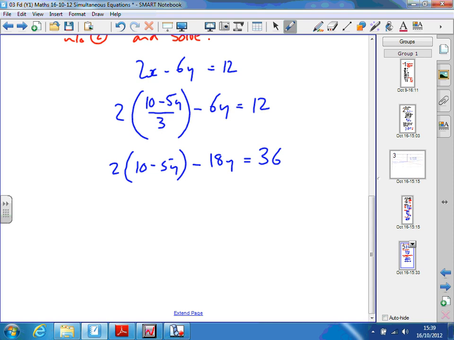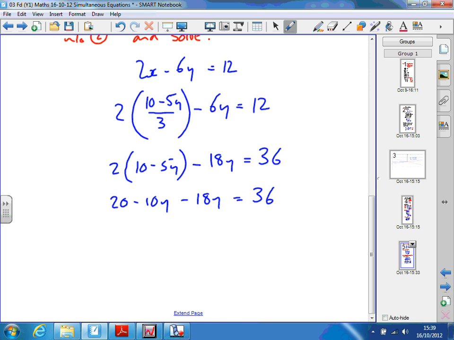Next thing probably would be to multiply out the brackets. So what would I get? Multiply out the brackets. 20 minus 10y minus 18y equals 36. Now look at the left hand side.